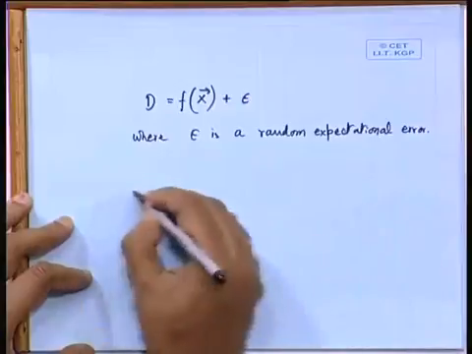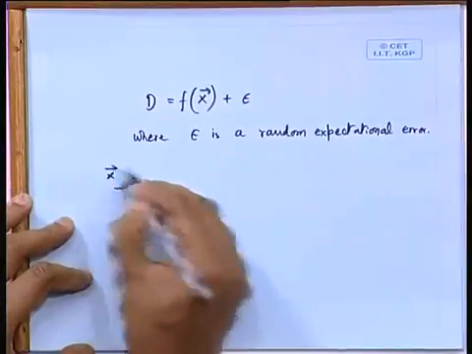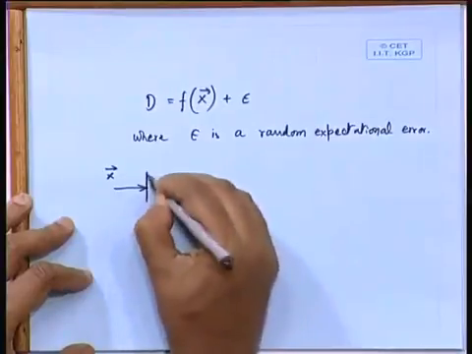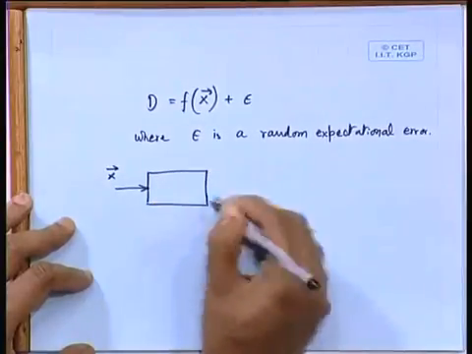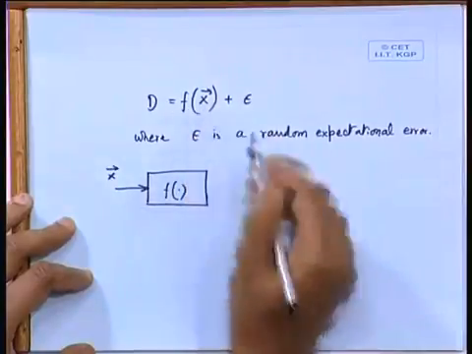And this we can simply depict as follows: here the x vector is the input, and then we have a function f of x vector.